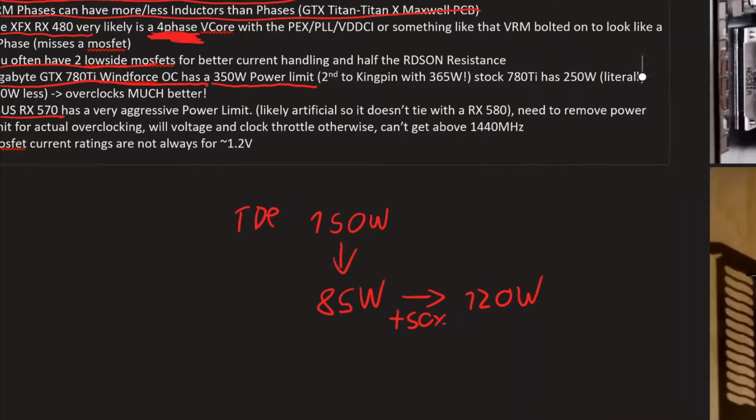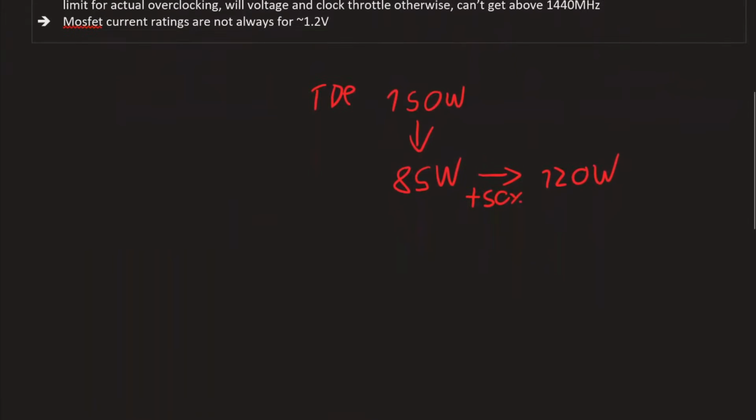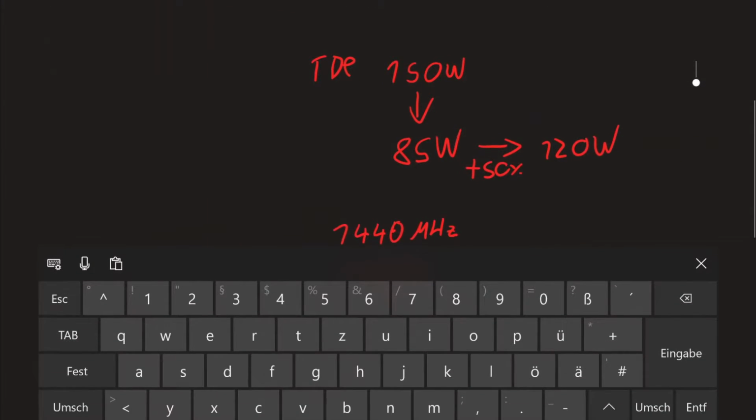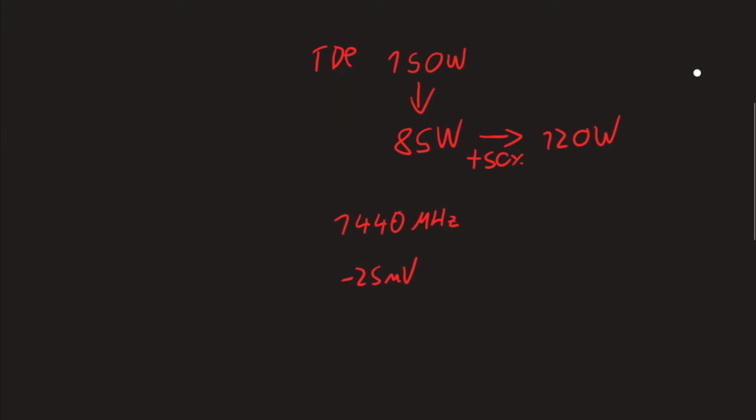That's just not enough to properly overclock that card. I validated that my card can run 1440 megahertz, which is actually pretty low, because I run a minus 25 millivolt offset. I have to decrease the stock voltage to get that high in clocks, because the power limit is so aggressive it will throttle you down into oblivion if you don't give it less voltage.